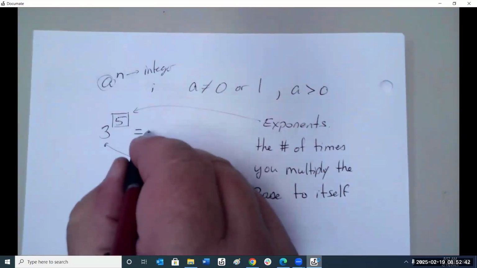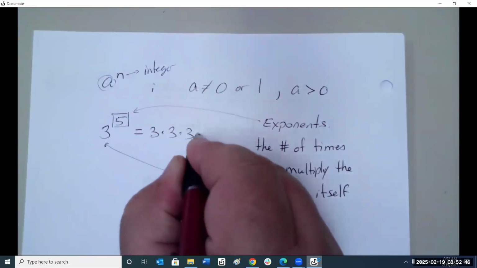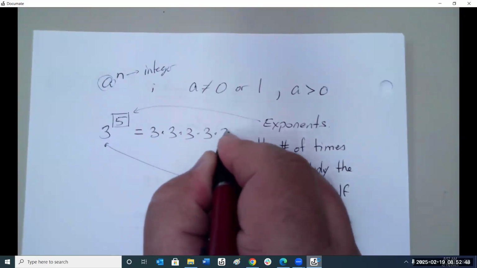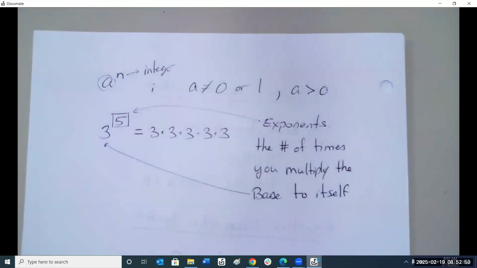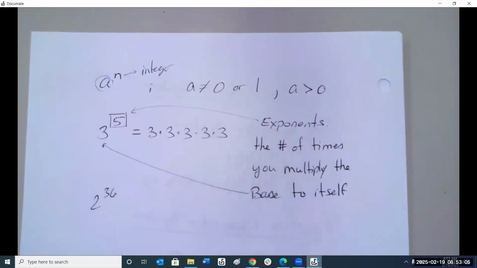So 3 to the 5th means 3 times 3 times 3 times 3 times 3. Which is what we're going with a lot of these systems. Instead of writing, if I had 2 to the 36, you don't want to write 2 36 times. So it's much easier to write it this way.